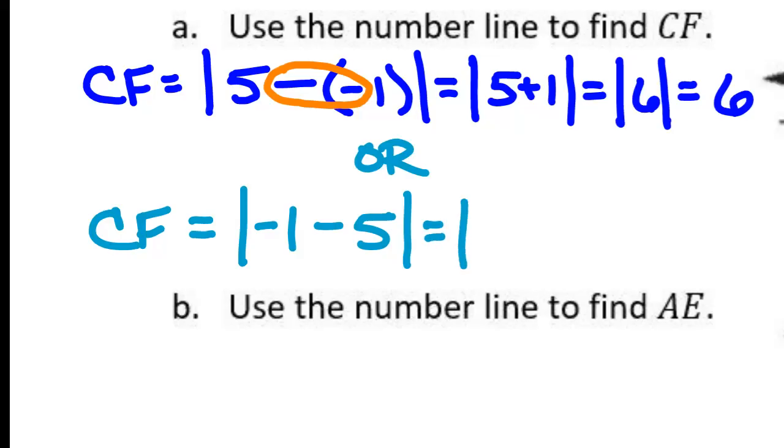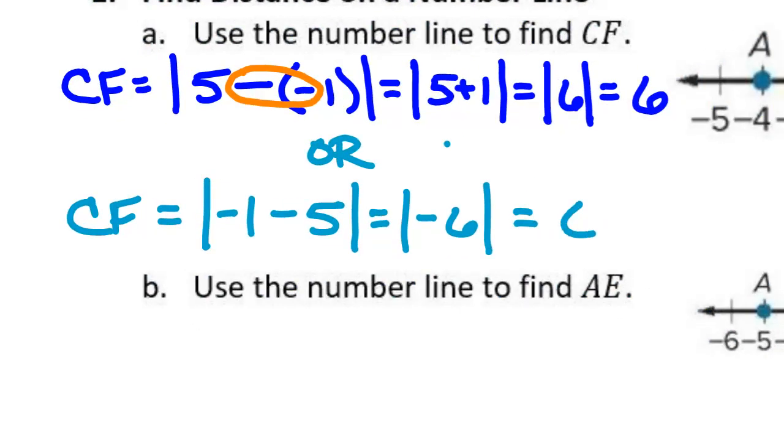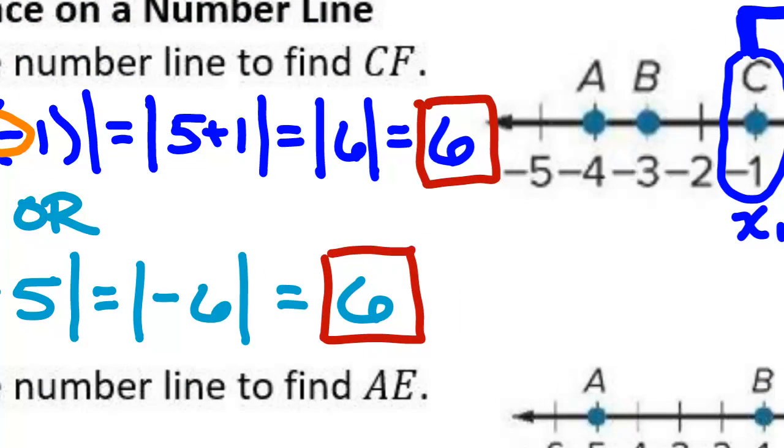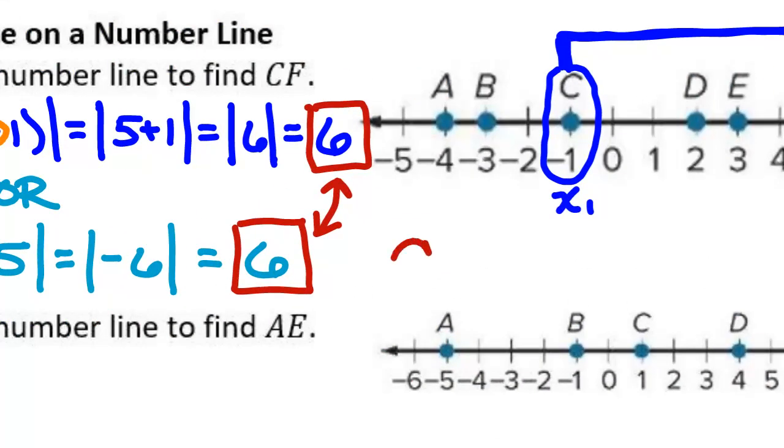What is -1 minus 5? -6. And what does absolute value do to negative numbers? Makes them positive. So I get 6, no matter whether I do it x2 minus x1 or x1 minus x2. I get the same answer either way. So CF is 6.